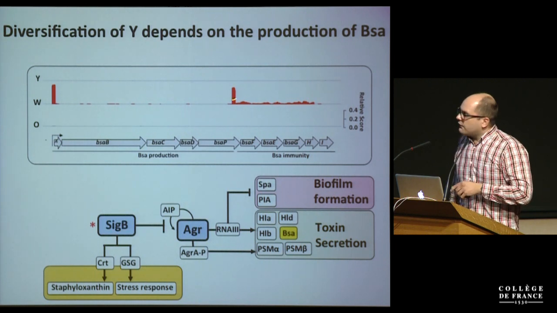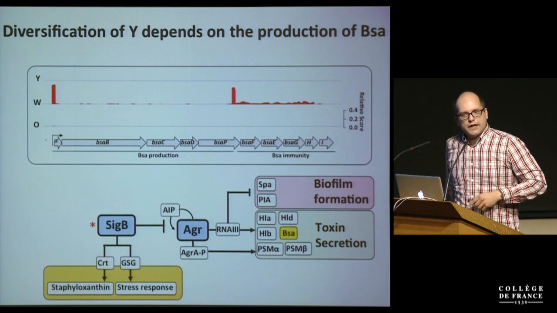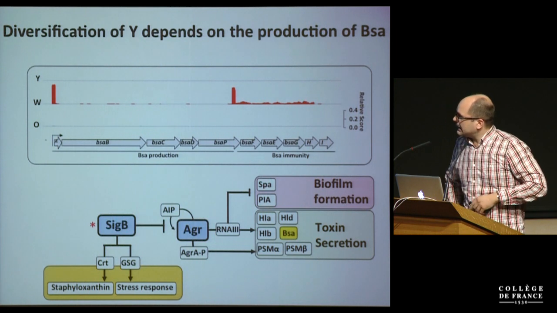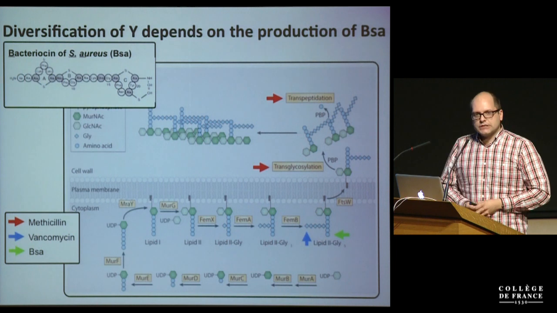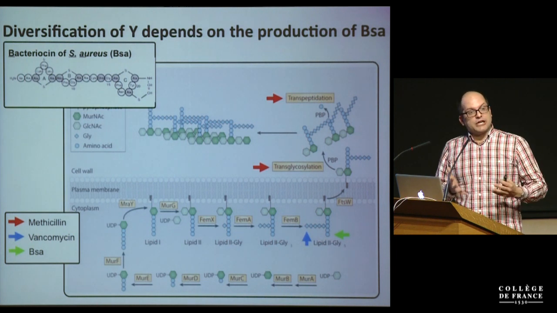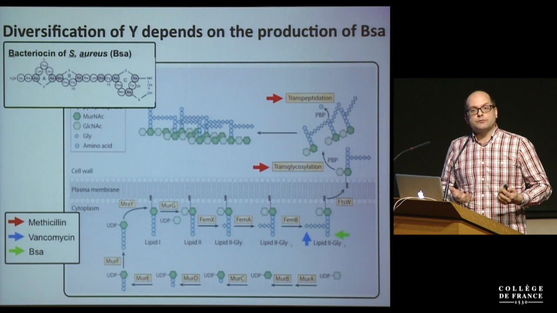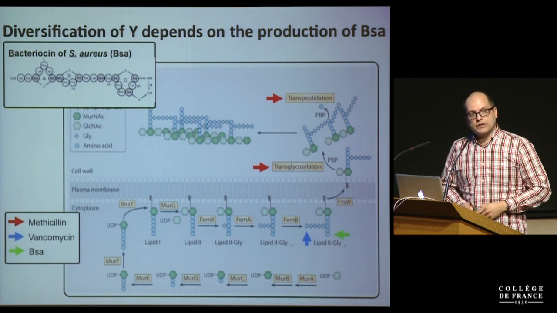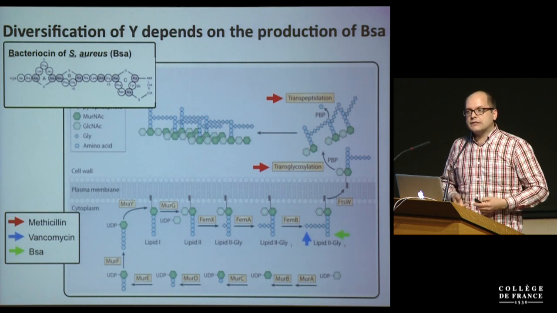It's around 400-fold higher expressed in comparison to the origin, the yellow strain. And this bacteriocin is normally cryptic in Staph aureus, or its production is pretty low. So in this particular strain, we have the production really high.